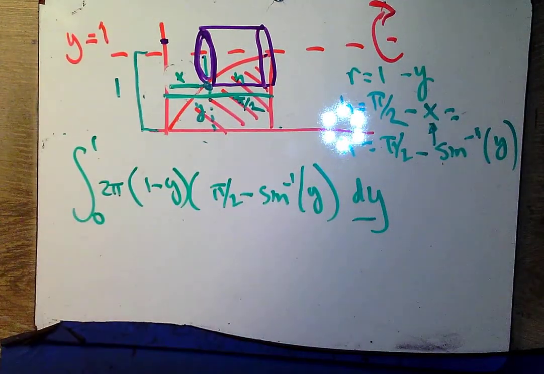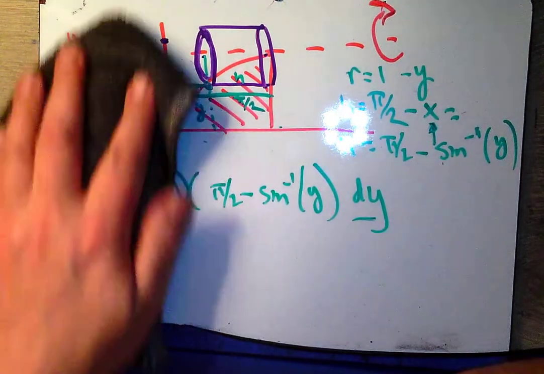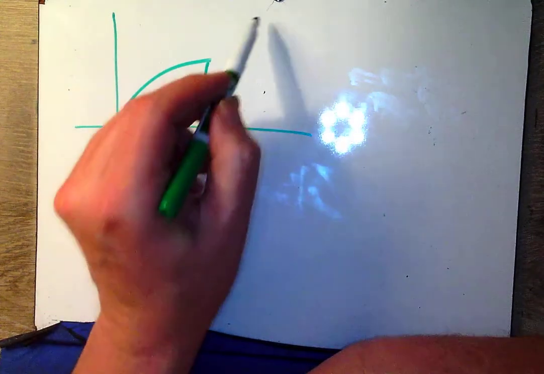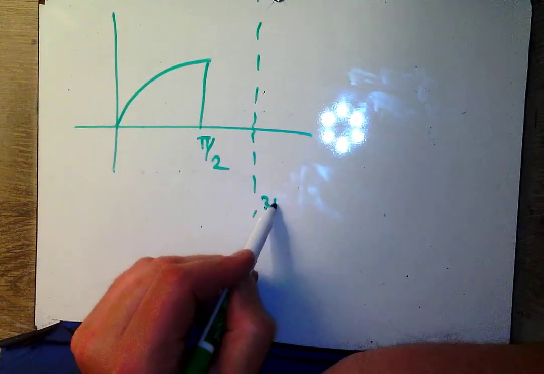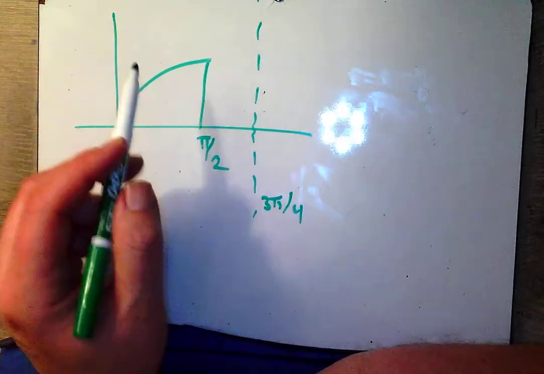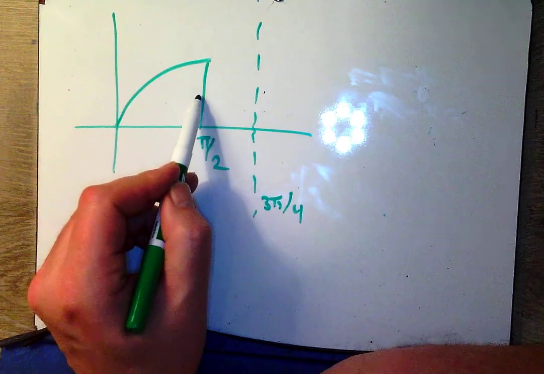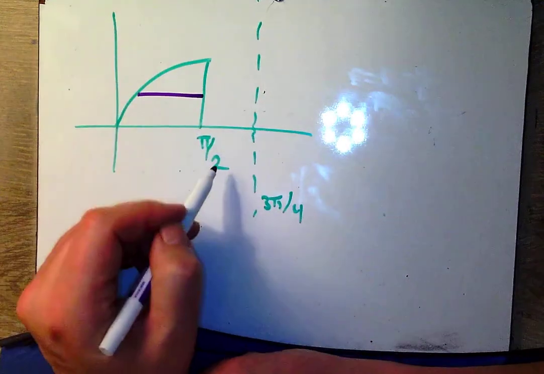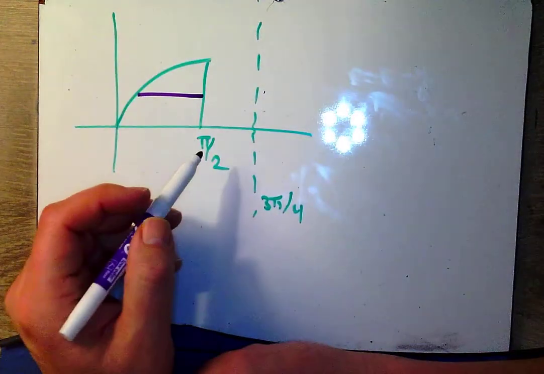All right. What's next? Well, that was 8, so 9. 9 is that situation where we're spinning about x equals 3 pi over 4. Here's pi over 2. So 3 pi over 4 must be over here. And if we're thinking about doing washers, we're going to be drawing something that is perpendicular to the axis of rotation, because we're rotating around this.